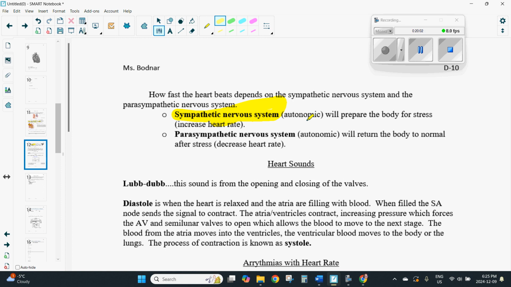So if you are in a scenario in which you are, I don't know, nervous, upset, scared, all of these emotions do play a role in your sympathetic nervous system response or your autonomic nervous system response. And these can increase your heart rate.